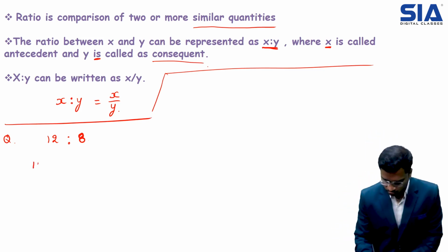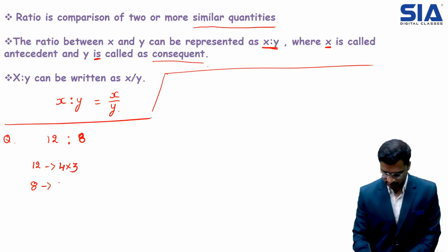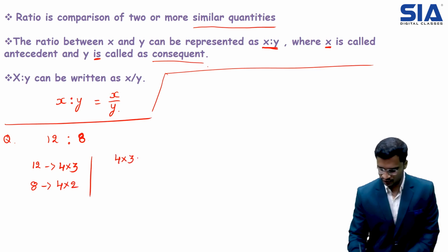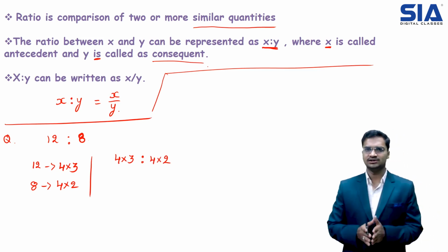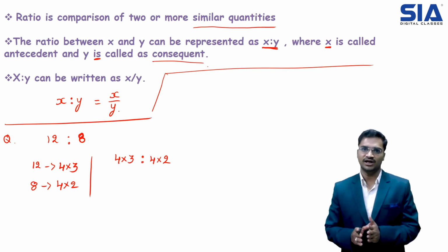So I can write 12 as 4 into 3. In the same way, I can write 8 as 4 into 2. Now here I can see that both of these numbers have the same value, which is 4.